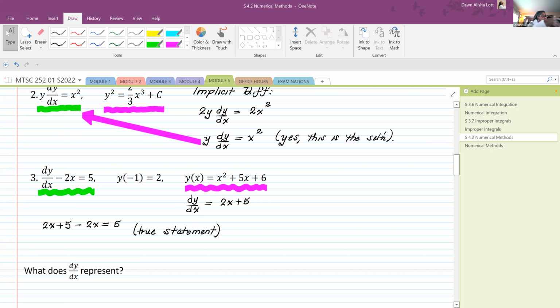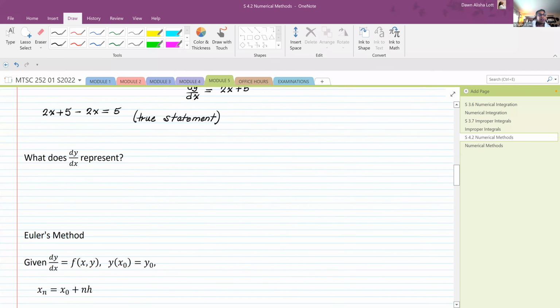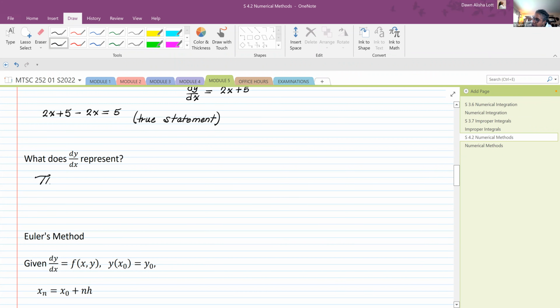It is the slope of the tangent line to the curve of y of x. This is the slope of the tangent line to the curve y of x.